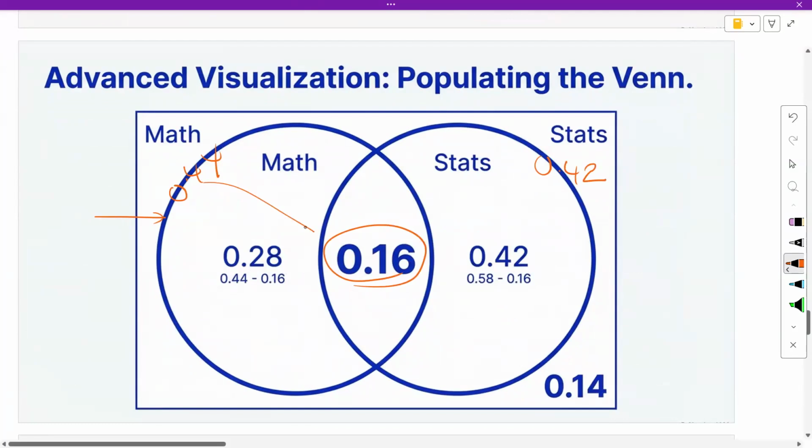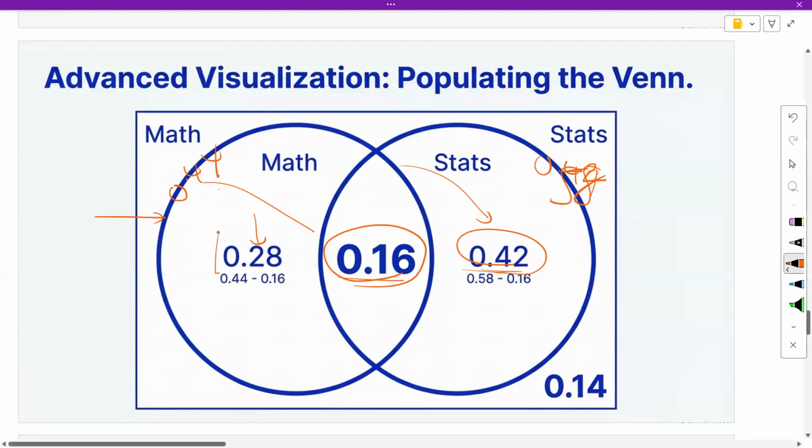If we deduct this value, we get this one and this one. 0.44 minus 0.16 and 0.58 minus 0.16 make 0.42.